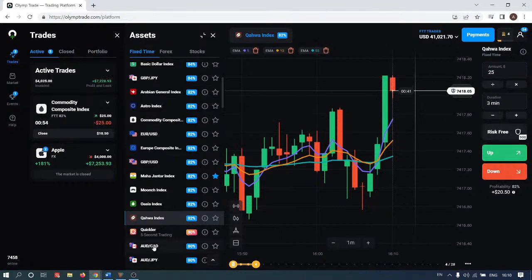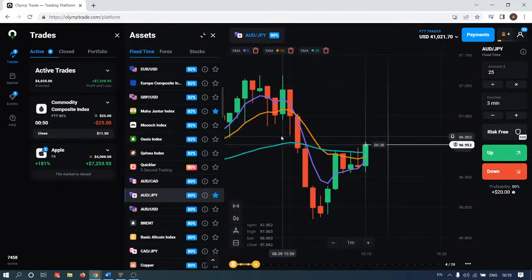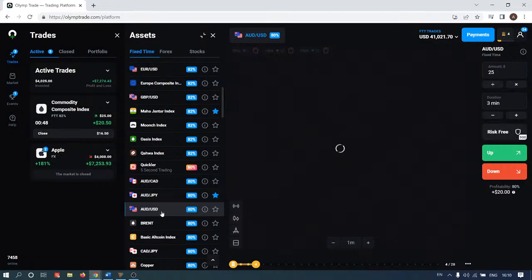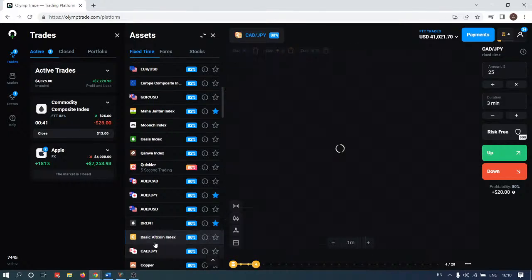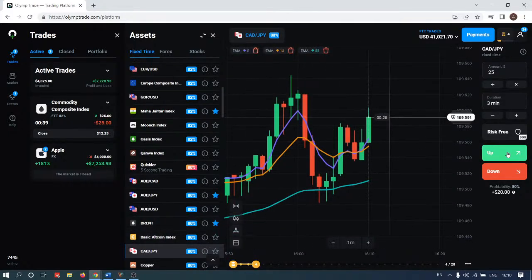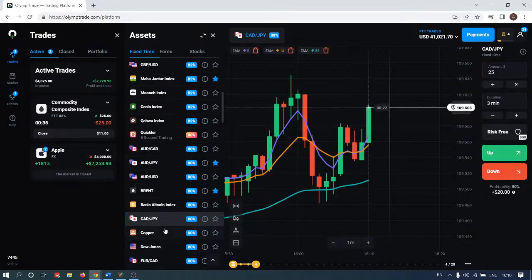Like I said, in some of our trading strategies, timing is very important, and you want to open trades exactly at the right moment. So this one is not a good signal.